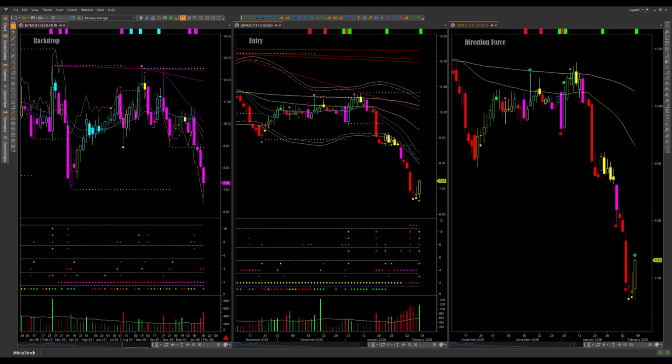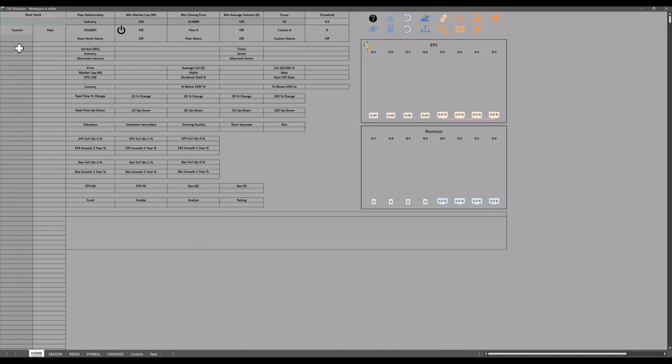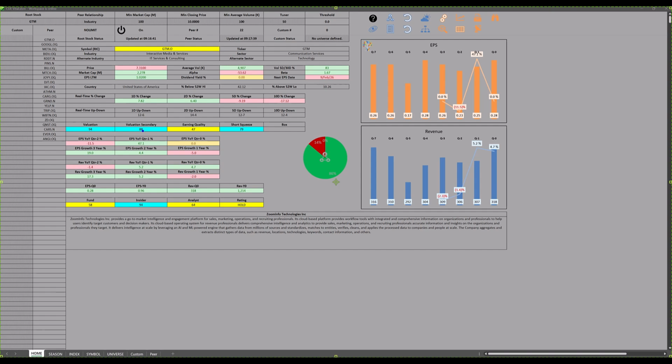Before concluding that, let's look at this stock's one-page fundamental scorecard using QVital. For GTM, it is undervalued, which allows buying. It's a profitable company. Earnings per share is positive. Whichever way you look at it, I also like the fact that insiders are buying, and the stock has short squeeze potential.